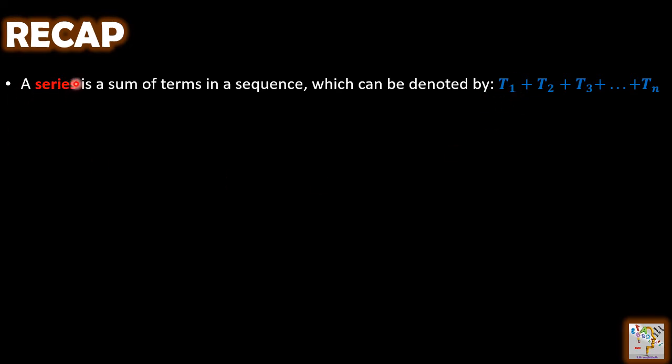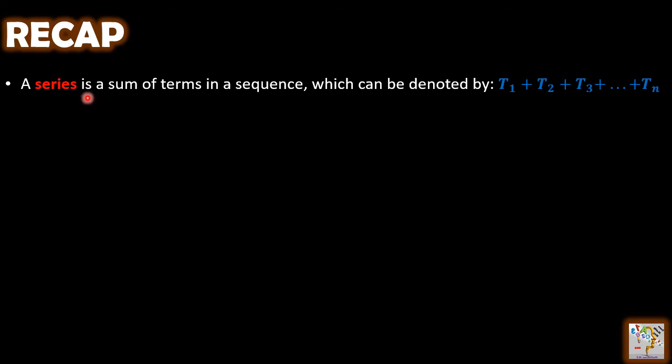So every time you see the word series, think of a sum. What are you summing? You are adding terms in a sequence. If you are adding terms in an arithmetic sequence, then it becomes an arithmetic series. If you are summing terms in a geometric sequence, then the series becomes a geometric series.